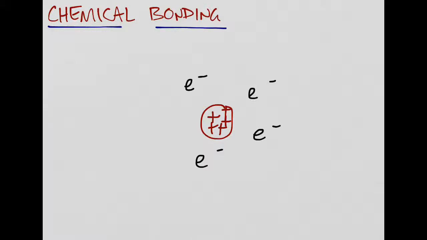And it's exactly these electrons, let's say this one or this one, that are involved in the process of chemical bonding.